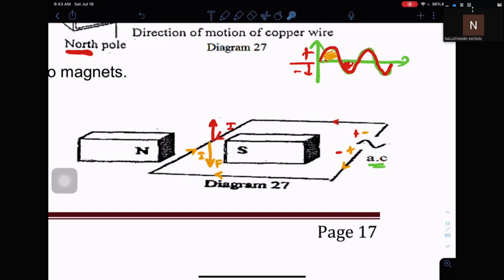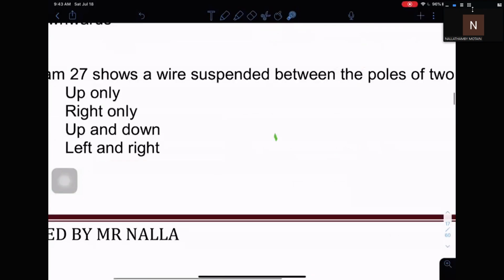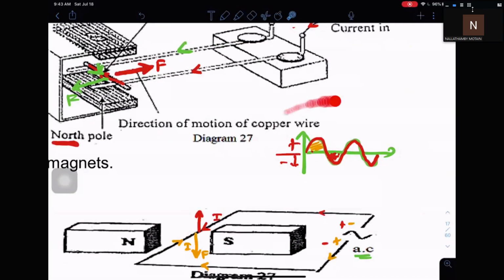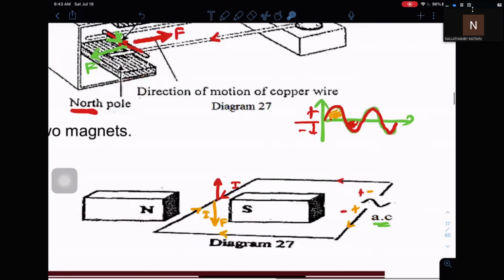It moves up and down because of the directional current change every half cycle. So the answer is up and down. Never mind, maybe you are confused because you don't know how AC current looks like and what happens to the current that flows.